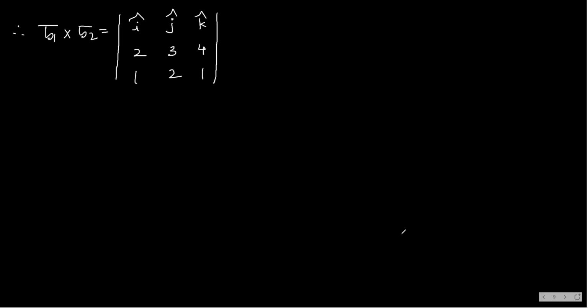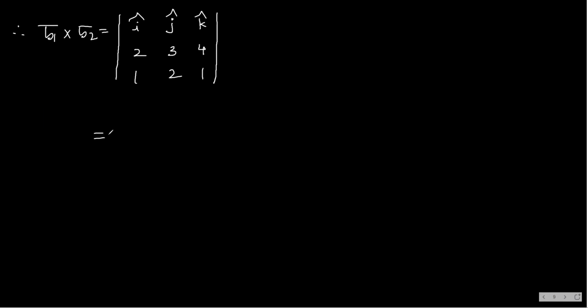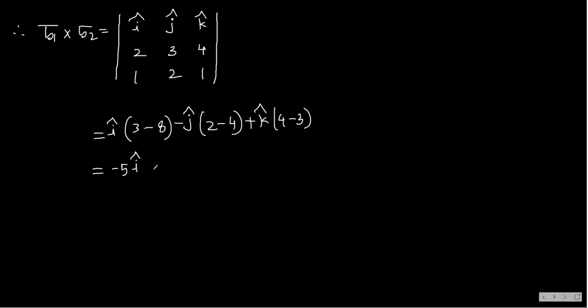So what you will have is i cap into 3 minus 8, minus j cap into 2 minus 4, plus k cap into 4 minus 3. So this is minus 5i cap plus 2j cap plus k cap. This is B1 bar cross B2 bar.